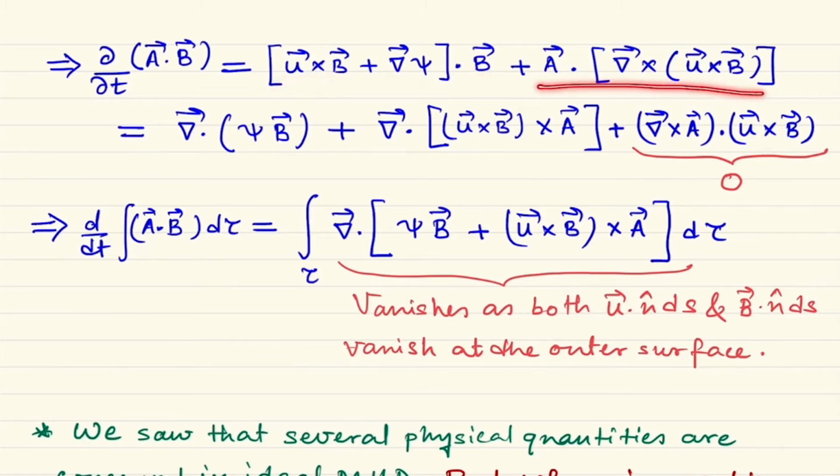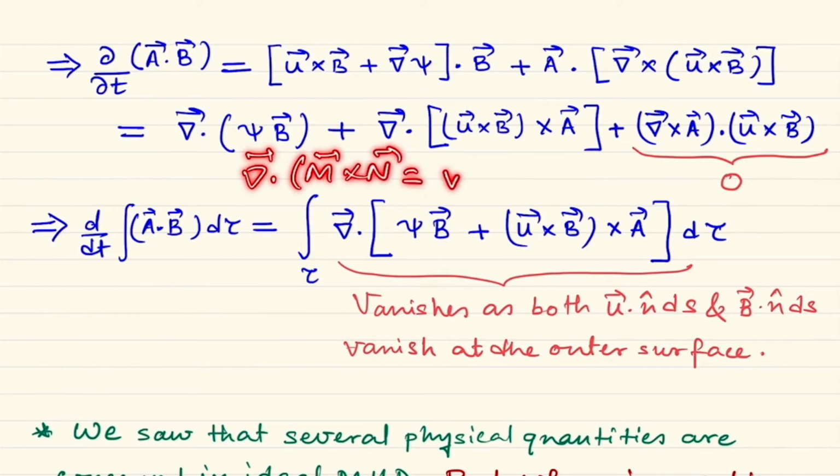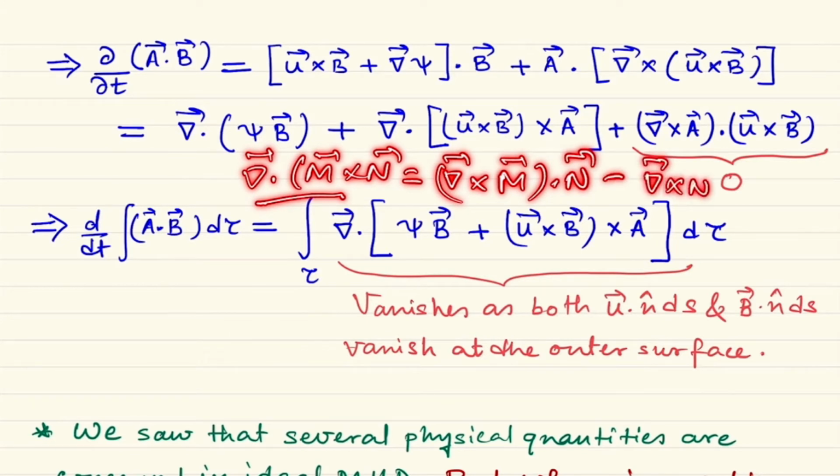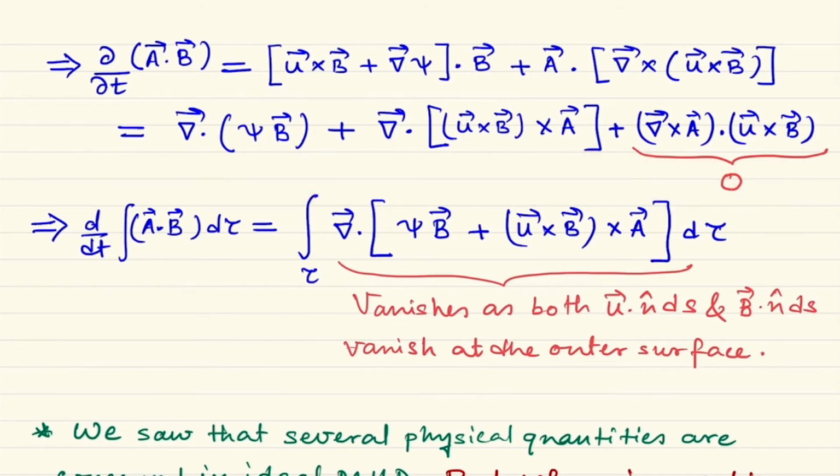Then we have this term, and here we can again use the identity that divergence of M cross N is equal to curl of M dot N minus curl of N dot M. Just using that identity, we can write this one as divergence of U cross B cross A plus curl of A dot U cross B. Now what is curl of A?